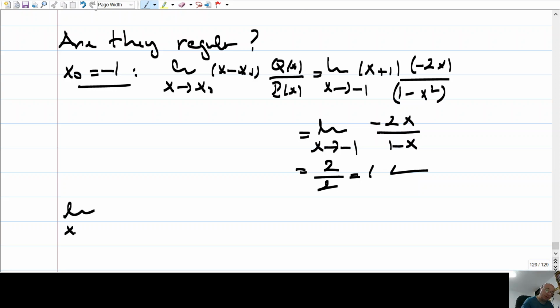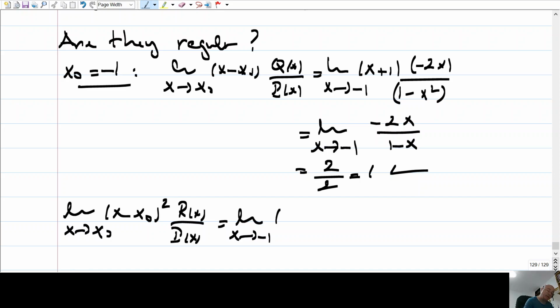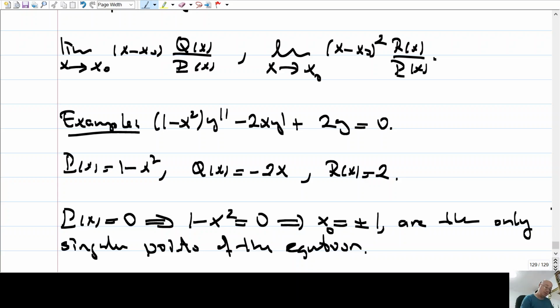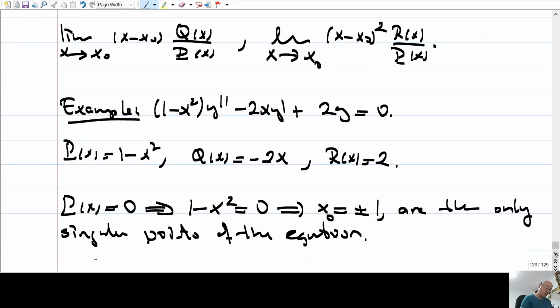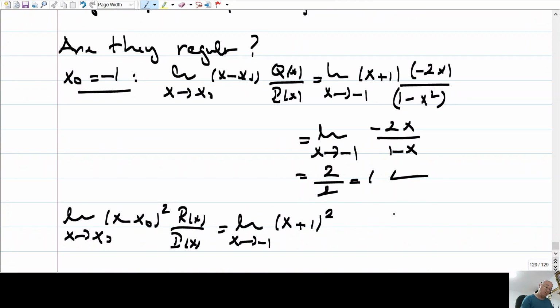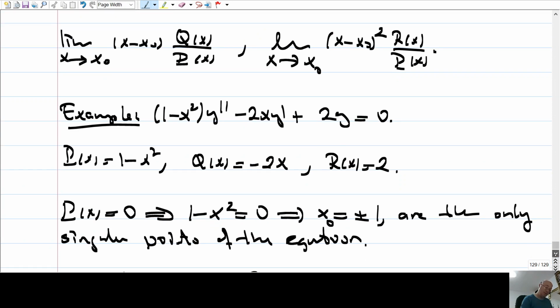What about this one? (x minus x0) squared r(x) divided by p(x). So limit as x goes to minus 1 again, x minus minus 1, so (x plus 1) squared. r(x) was 2, and then 1 minus x squared.